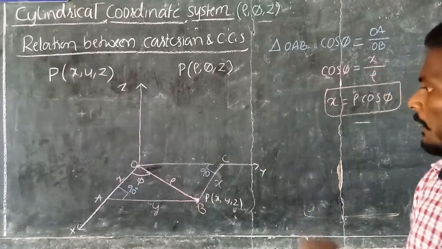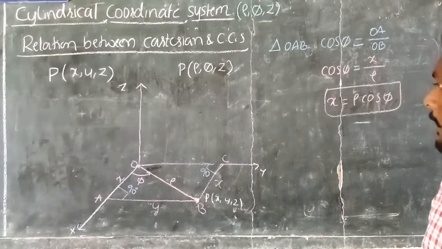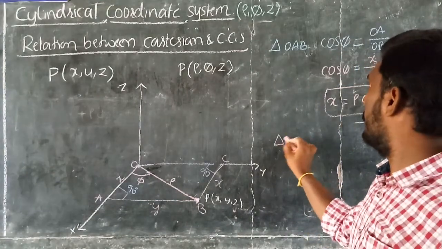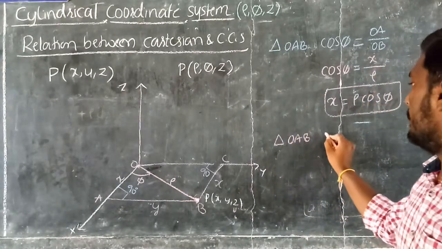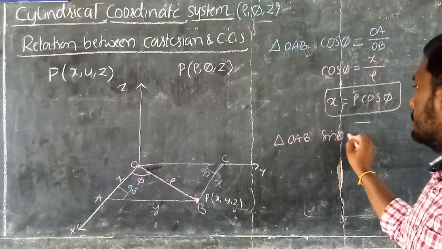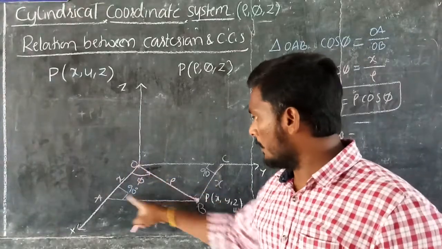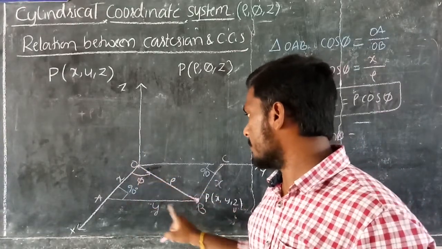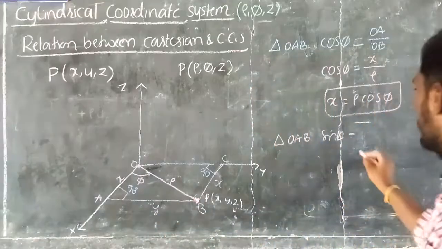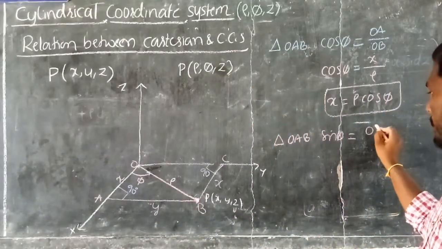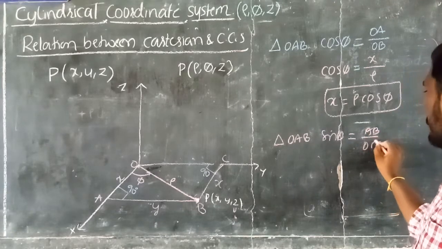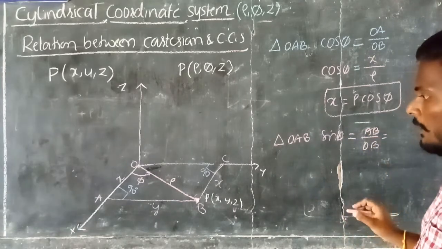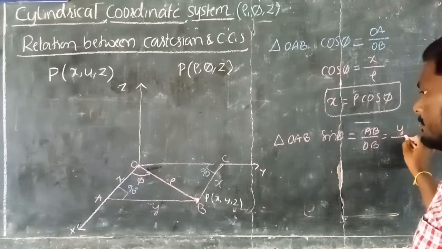Similarly, apply sine in the triangle OAB. Sine phi is equal to the opposite side to phi, which is AB, by the hypotenuse OB. The length of AB is y, and OB is rho.